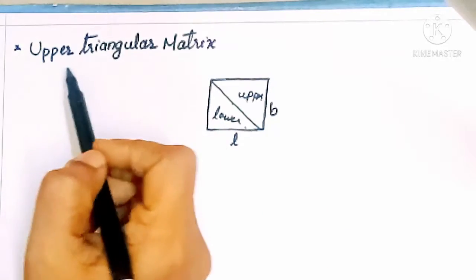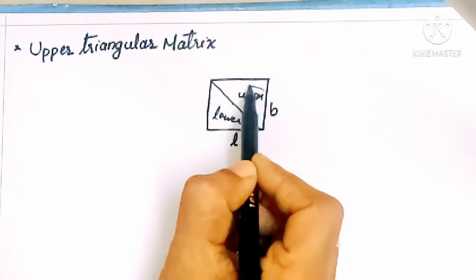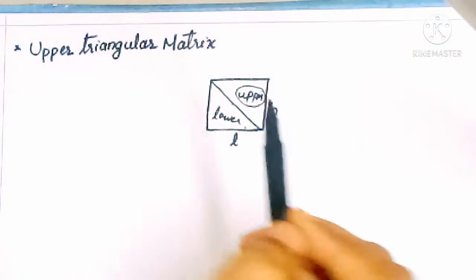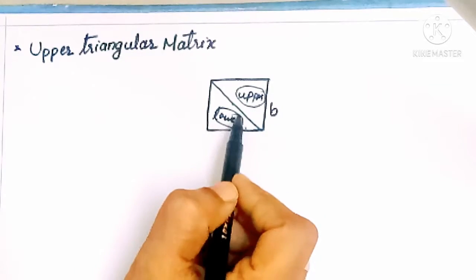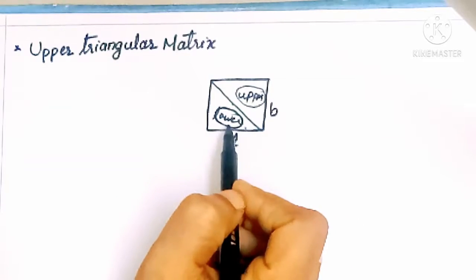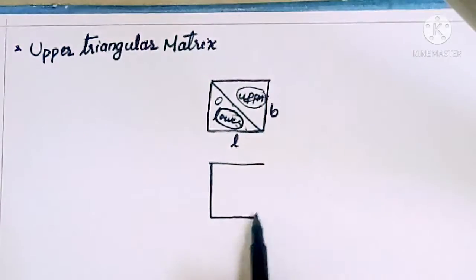Here I am focusing on the upper triangular matrix. That means some values are present in the upper area, then we can call it upper triangular. If I am focusing on the lower triangle, that means some values are present in the lower triangular portion, and the upper becomes 0. We can draw again.